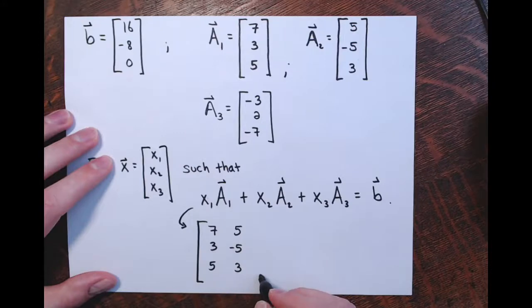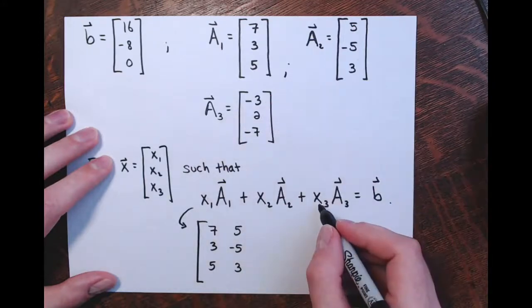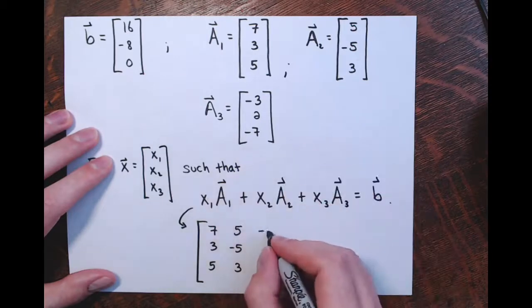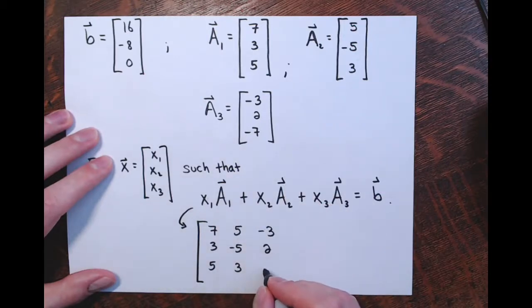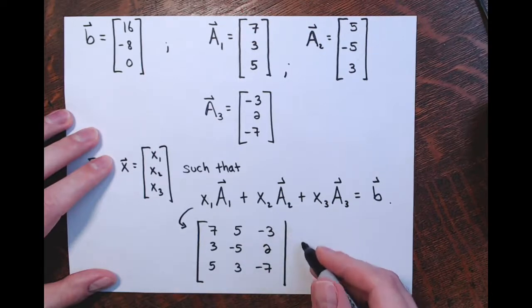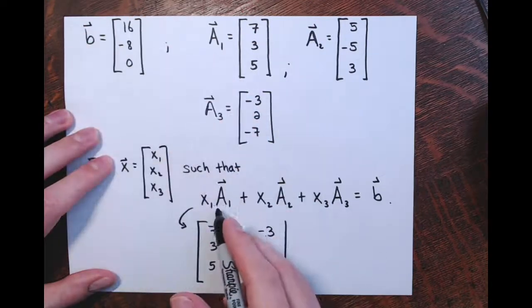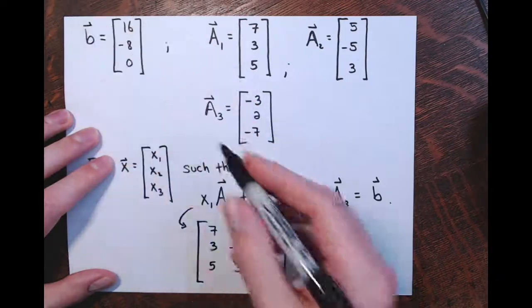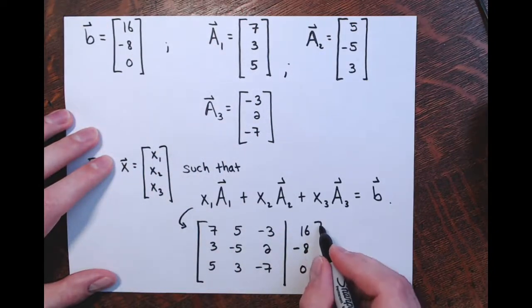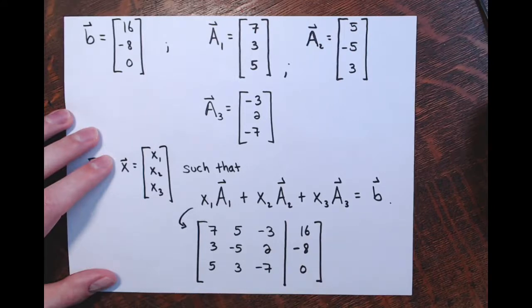Down the third column will be the coefficients of x3, the components of vector a3: negative 3, 2, and negative 7. Then a bar, and then vector b, what we want this linear combination to be equal to on the other side: 16, negative 8, and 0. Hopefully this system has a solution. If it doesn't, that means this vector cannot be written as a linear combination of those three.